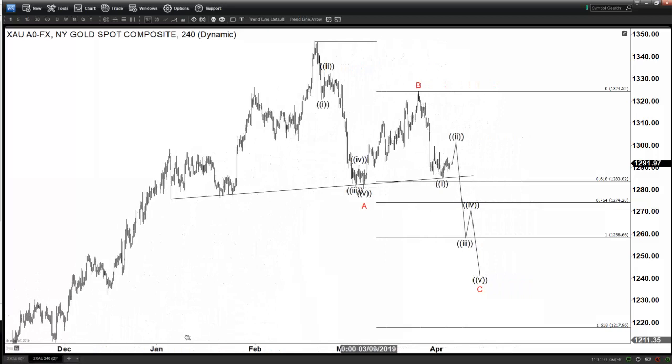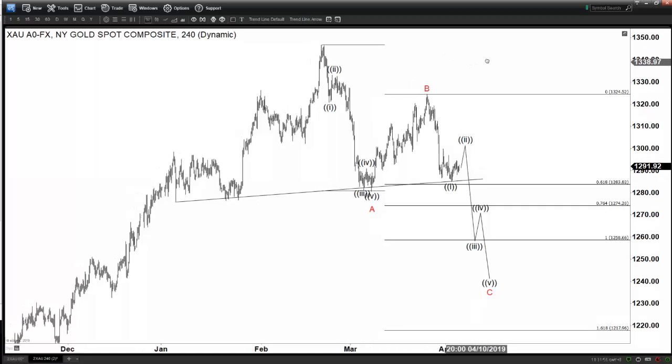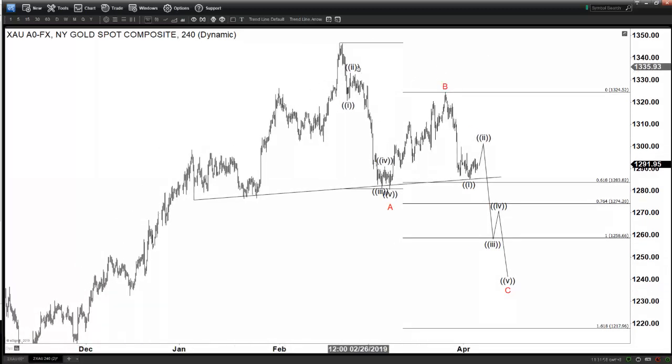But if we do get a break below this A here, with a 5 waves down from here, I think it does lean towards the possibility of more downside at this point. Again, I think the key is gaining the validation by breaking below this previous low here. And we do get NFP data on Friday, so let's see what the effect is going to be.